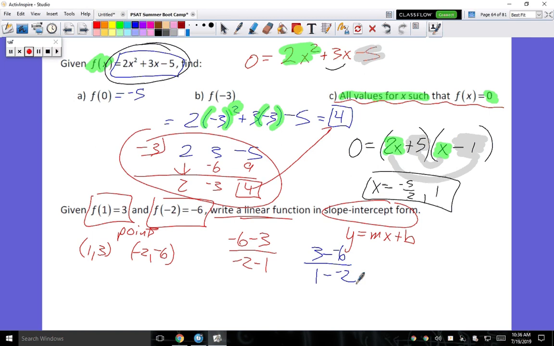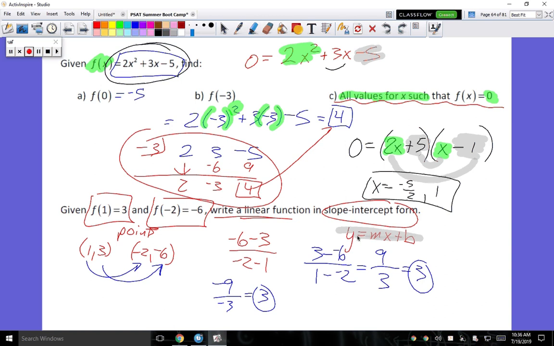We can't say 3 minus a -6 over -2 minus 1. We can't do that. If you grab from one point first, grab from that same point when you go to do the x's. Doesn't matter, they're interchangeable. So the top would give us -9 over -3, which is 3. Just like this would give us a +9 over a +3, still 3. So the slope is 3.